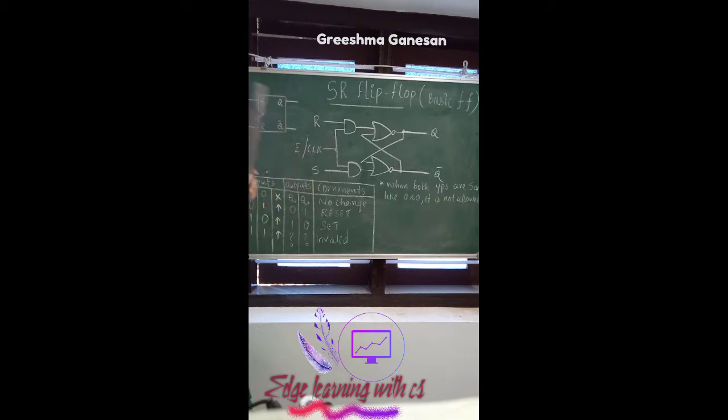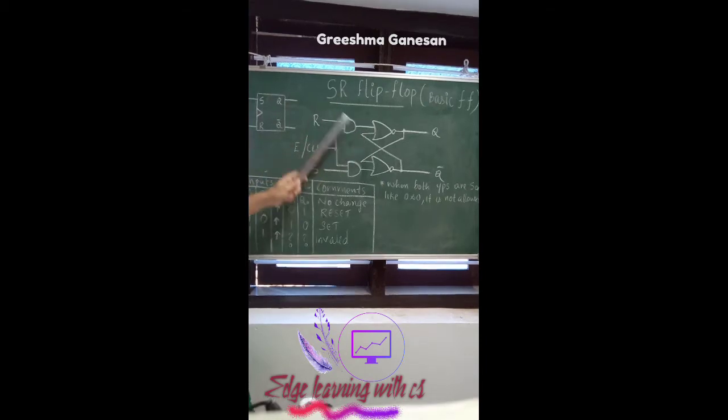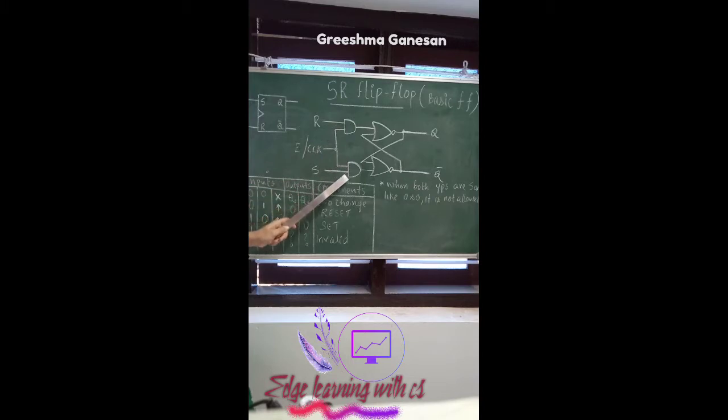Then you can see the diagram here. In this diagram, we have two levels. In the first level, we have two AND gates, and in the second level, we have two NOR gates. You can recognize the NOR gate here: in the OR portion, we have a bubble, which means it is a NOR gate.